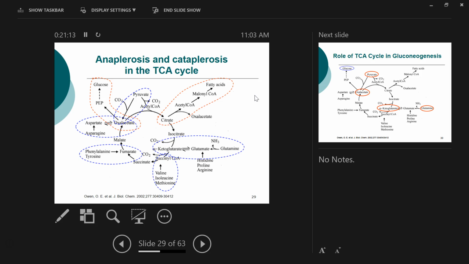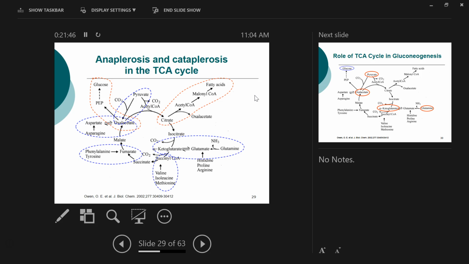So these two pathways or reactions are called, based on the definition I just described, can you tell me, cataplerosis or anaplerosis reactions? Cataplerosis reactions, yes. And the rest that are highlighted in blue, basically you're adding intermediates to the TCA cycle, right?